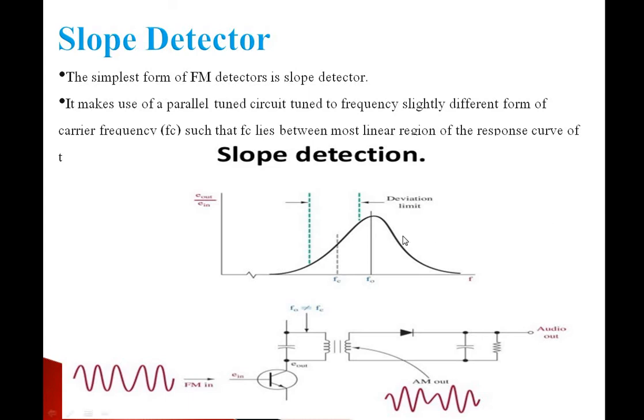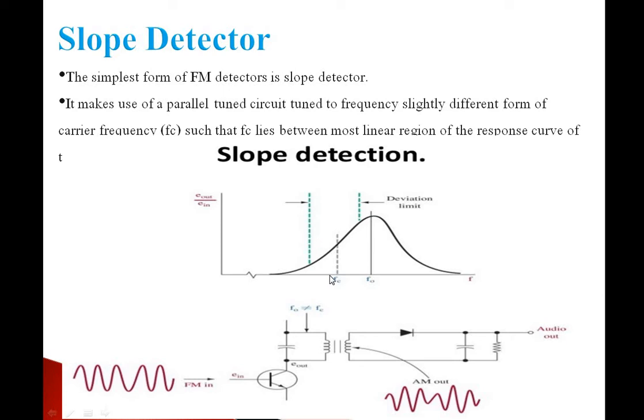The main drawback is that we are converting the frequency variations into amplitude variations, but the characteristics are not linear, so the message signal is not perfectly reconstructed. Your carrier frequency lies in this curve, meaning it is not linear, it will be varying. So this is the drawback of that one.